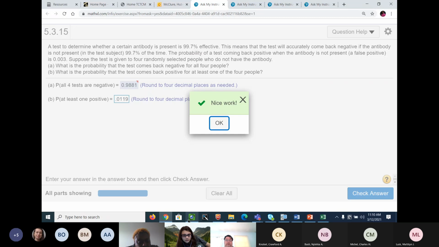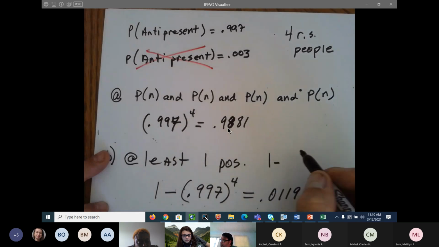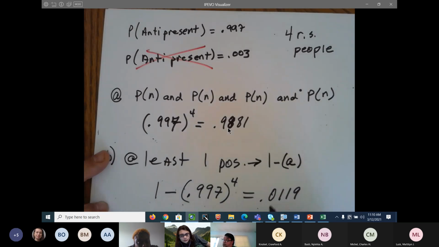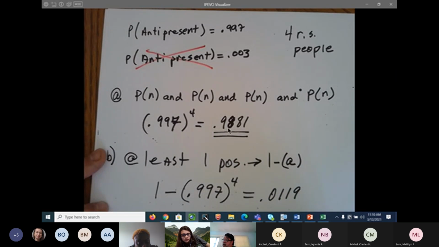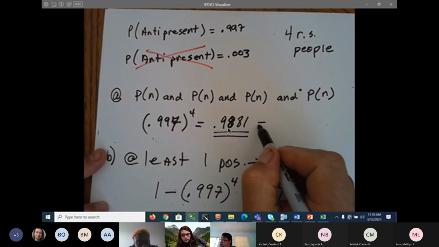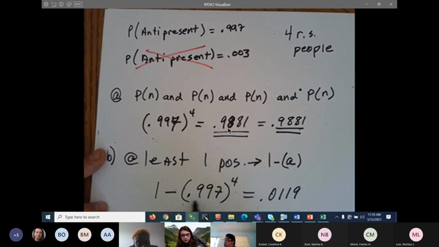So I'm going to put this right here for you to put in your notes. At least one positive: I'm going to take 1 and subtract part A. For part A, I got 0.9881, and I subtracted it from 1. 1 minus 0.9881 is equal to 0.0119.